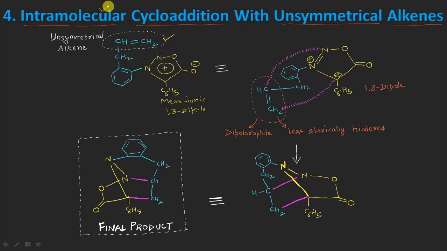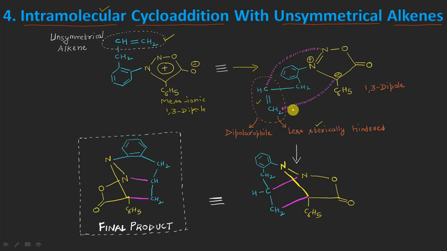And you can see here, we can represent this structure in this way here. I have just redrawn this structure in this way for more clarity of the mechanism, such that now you can see here is our olefinic double bond, in which this carbon atom is of course less sterically hindered because it contains 2 hydrogen atoms, and this is having 1 hydrogen and 1 big R group here, right?